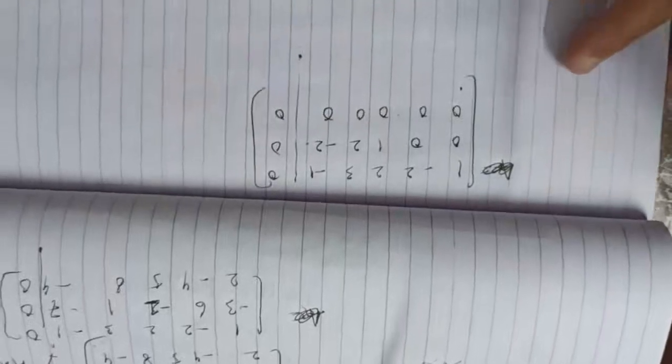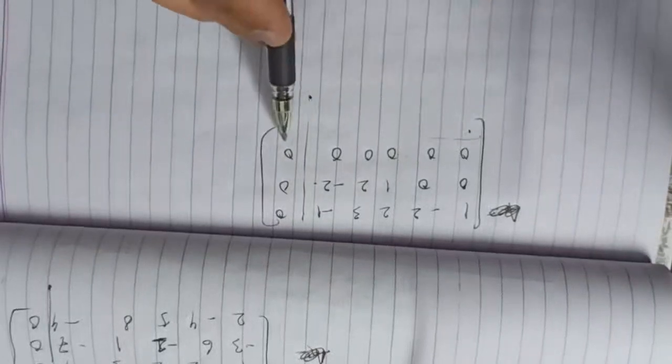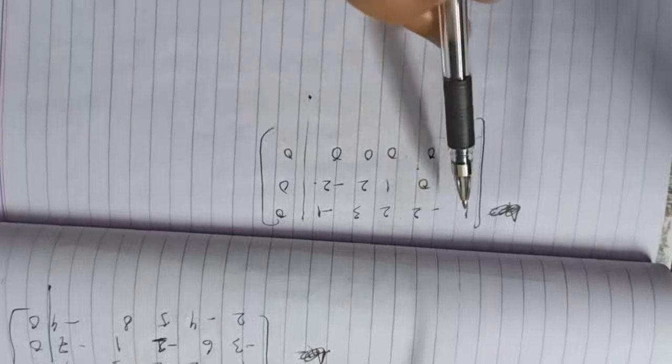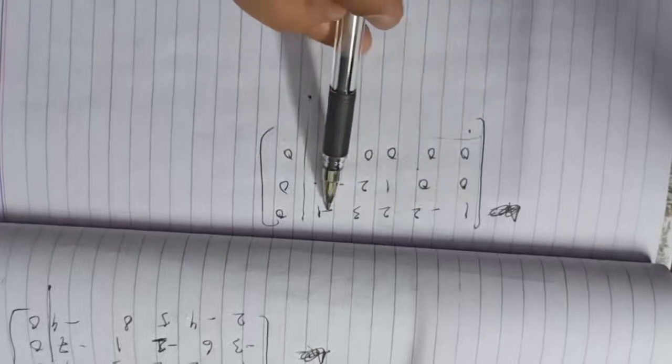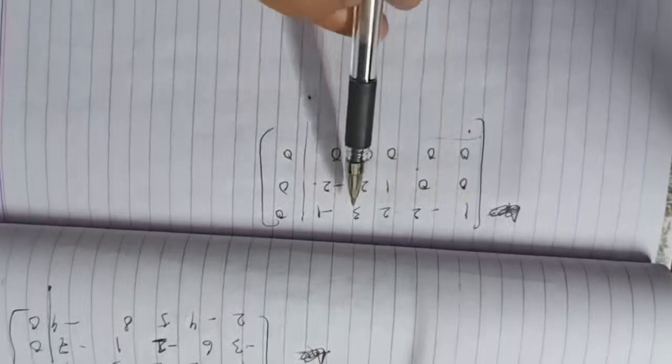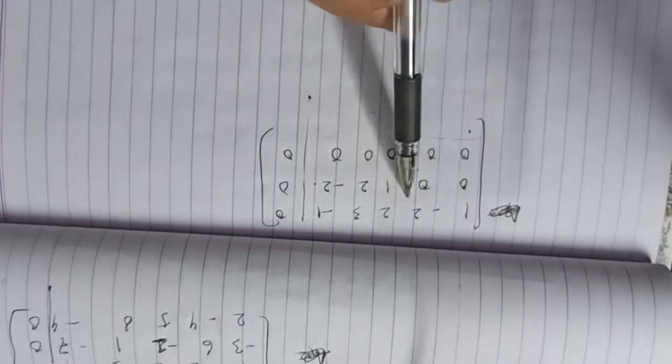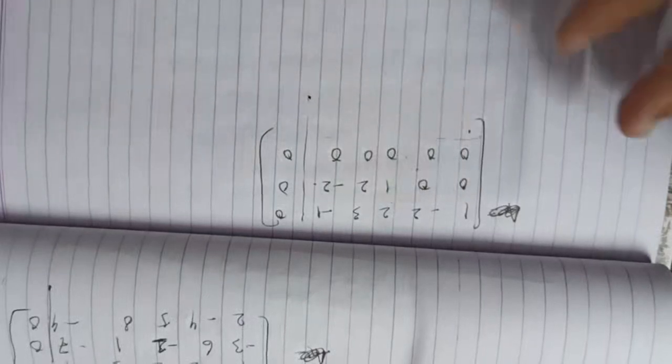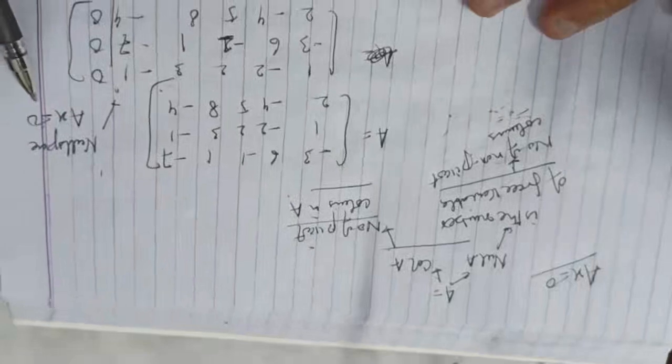Now we can see that this last row is 0, and we have 1, 2, 3, 4, 5 variables, x1 to x5, because we are solving for Ax equals 0.